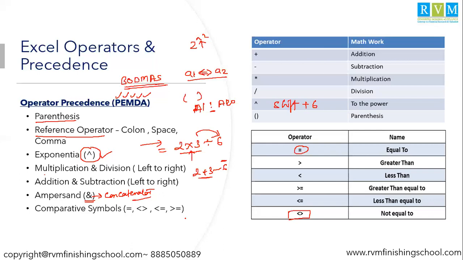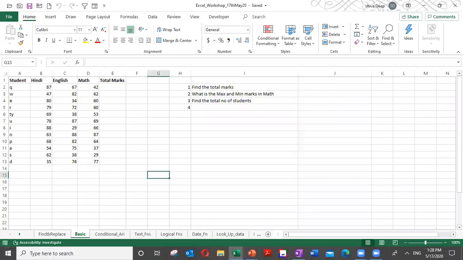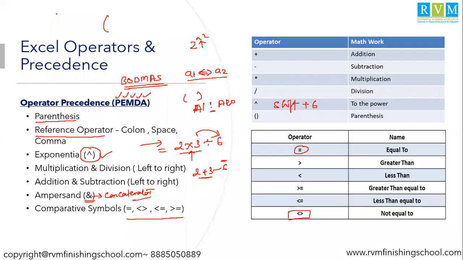Then the comparison symbols. Now, why is this PEMDA important? Because a bracket in Excel here and there makes a lot of difference. Let's go into Excel itself and talk about a CAGR formula. Say 100 becomes 200 in 10 years.